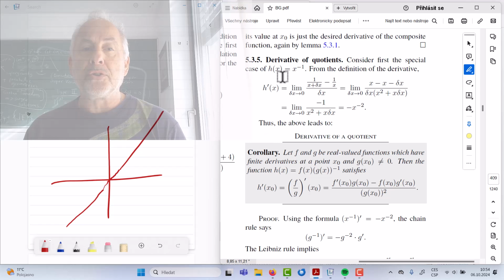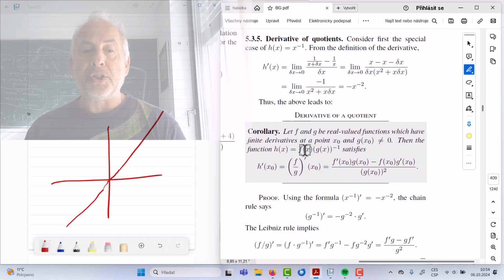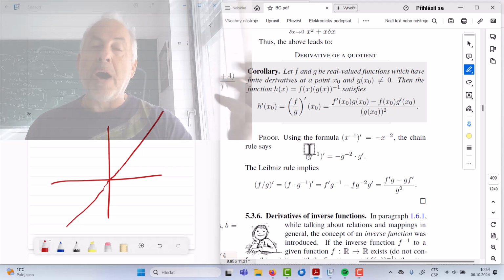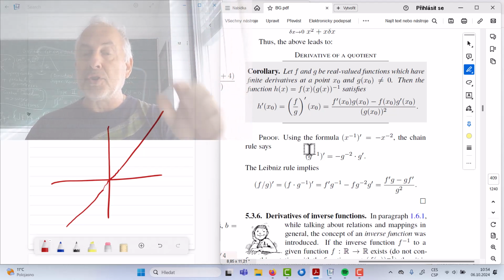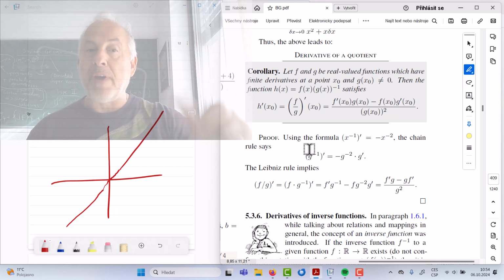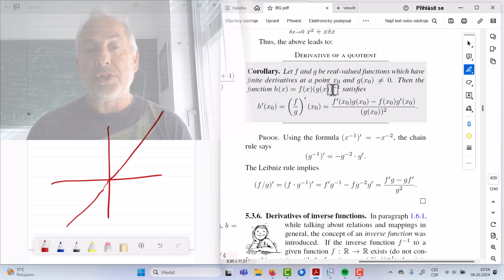It's also easy because we can understand the quotient as f times g to minus 1, right? So g to minus 1 is not g inverse, which I'll come to, inverse function, in the second video. So here we mean the reciprocal value. So h(x) is simply this, right?